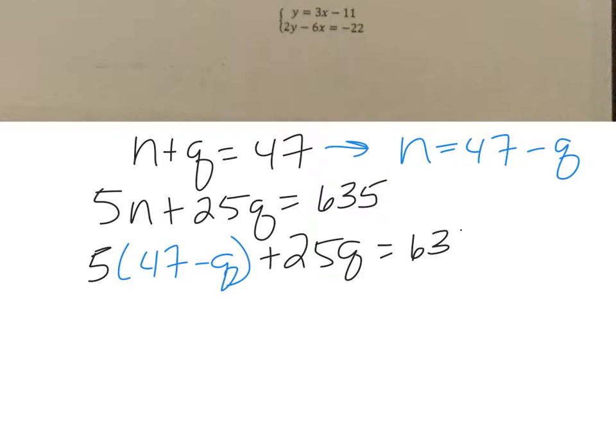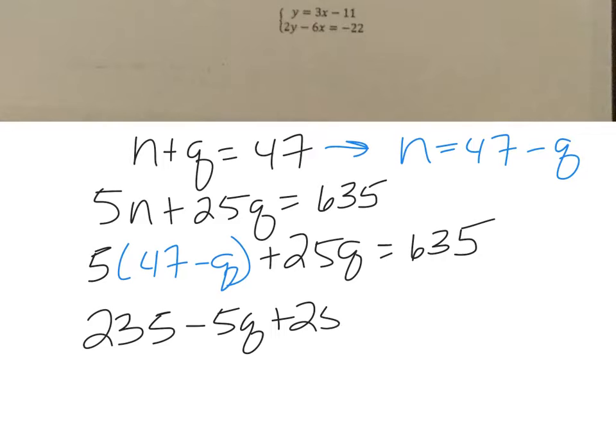Now I have an equation just with q, so this is going to tell me how many quarters I have. Oh, I still have to do 5 times 47. 7 times 5 is 35, so 235 minus 5q plus 25q equals 635.